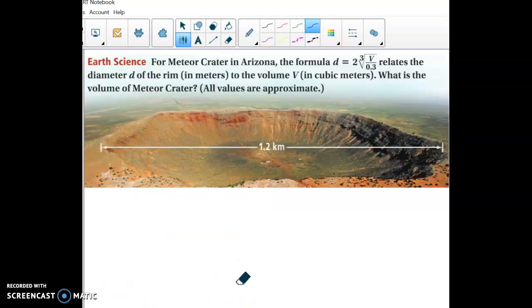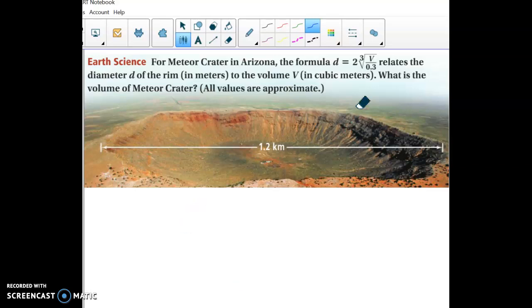Okay, so we've got this crater in Arizona, and a formula relates the diameter of the ring in meters to the volume in cubic meters. What is the volume of the meteor crater? Okay, so we have the diameter already. That's fantastic. We just got to find what the volume is.